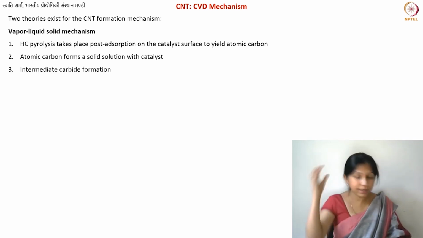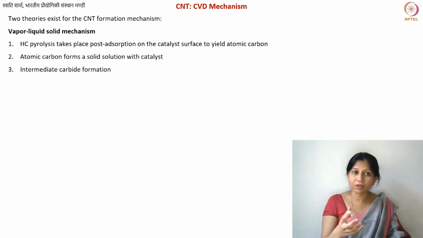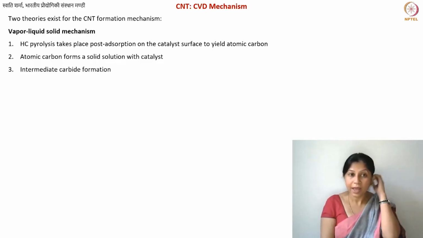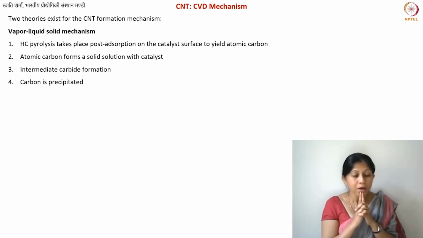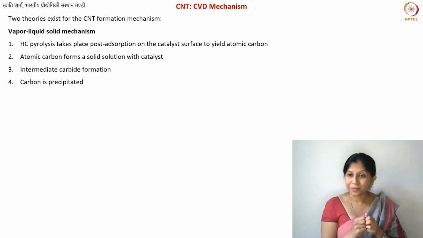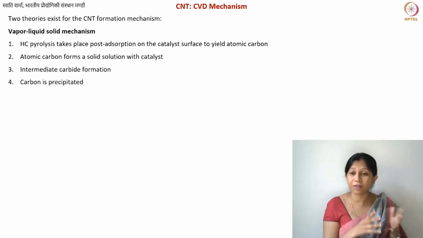So this theory is also applied to understanding the mechanism of carbon nanotube formation. So this is what is believed, that you have carbide formation, but where does the carbide form? Inside the catalyst. Because you have a solid solution, you know that we have in detail discussed the solubility of carbon in various metals.